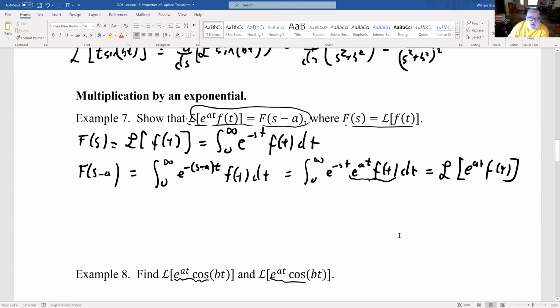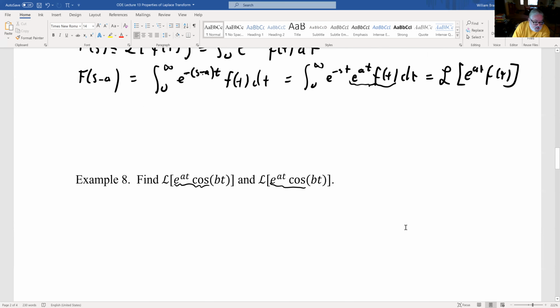So that's nice. An exponential gives us a shift in the s plane. So multiplying by an exponential in the variable t means that the Laplace transform over s has a shift.